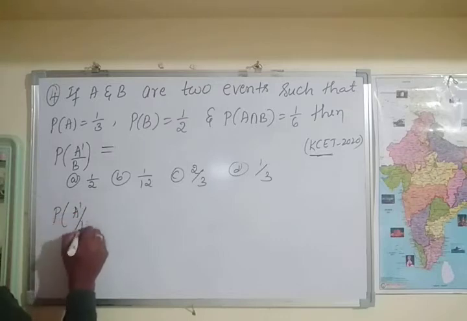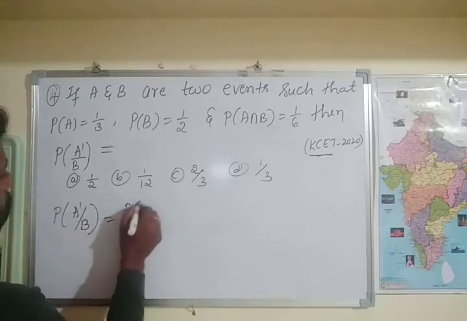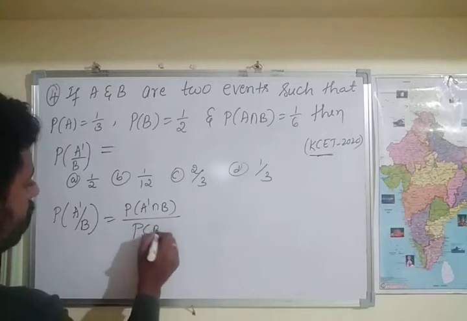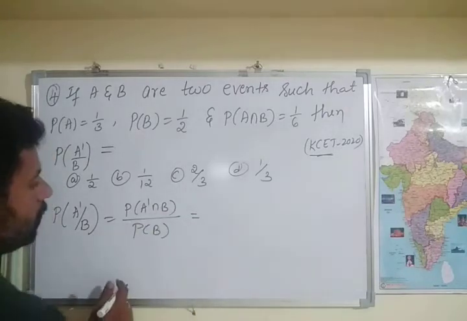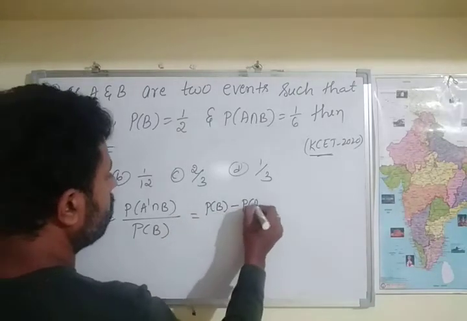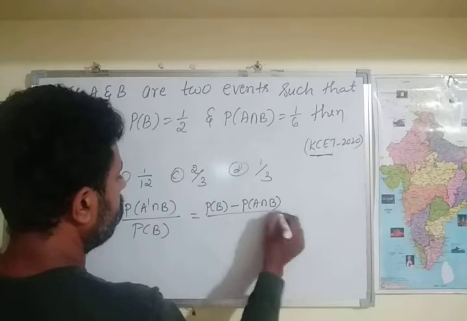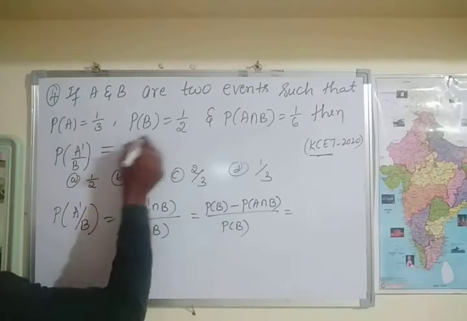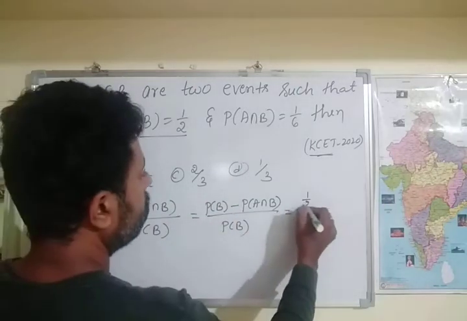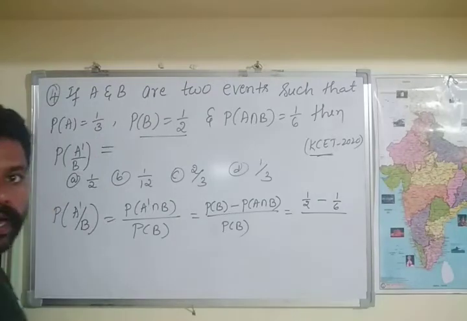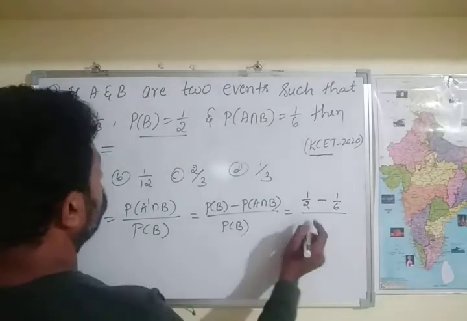P of A dash given B is equal to P of A dash intersection B divided by P of B, which is P of B minus P of A intersection B, whole divided by P of B. P of B is 1 by 2, minus P of A intersection B, which is 1 by 6, whole divided by P of B, which is 1 by 2.